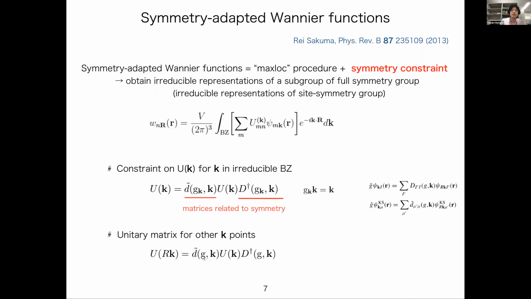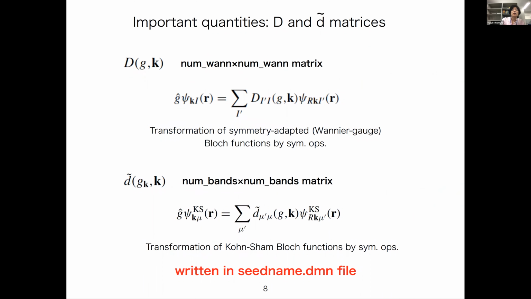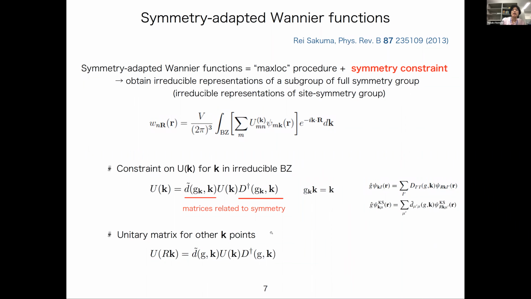If we operate this G on the irreducible K point, then this gives the general K point. Then in the symmetry adapted Wannier functions, the important quantities are these matrices, D tilde and capital D.